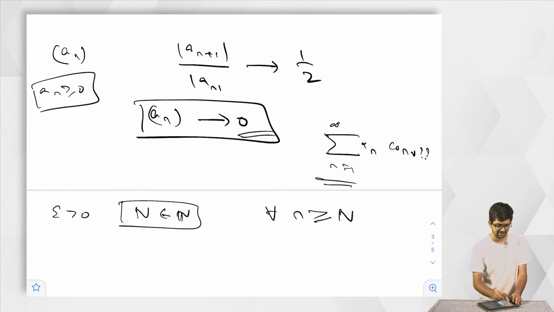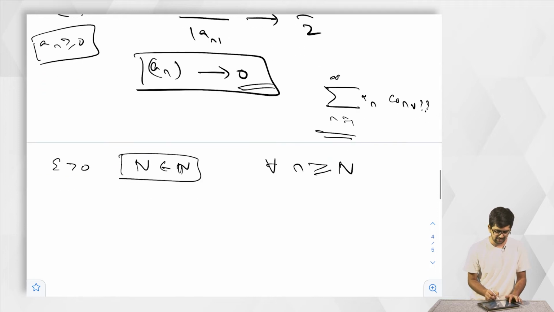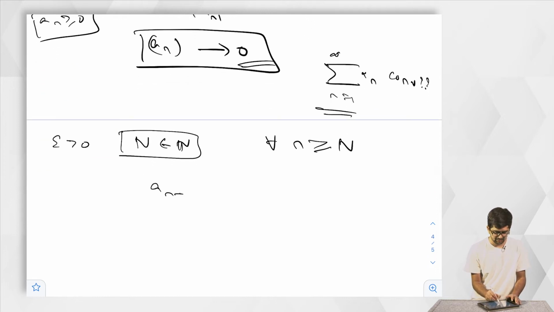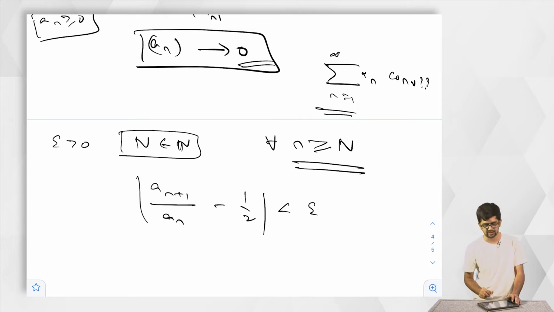If I allow a_n to be arbitrary, we have to put mod, then you might have to make very small changes or no changes at all, but the ideas will be the same. So assuming a_n is non-negative, a_(n+1) by a_n minus half is less than epsilon for every n greater than or equal to N.